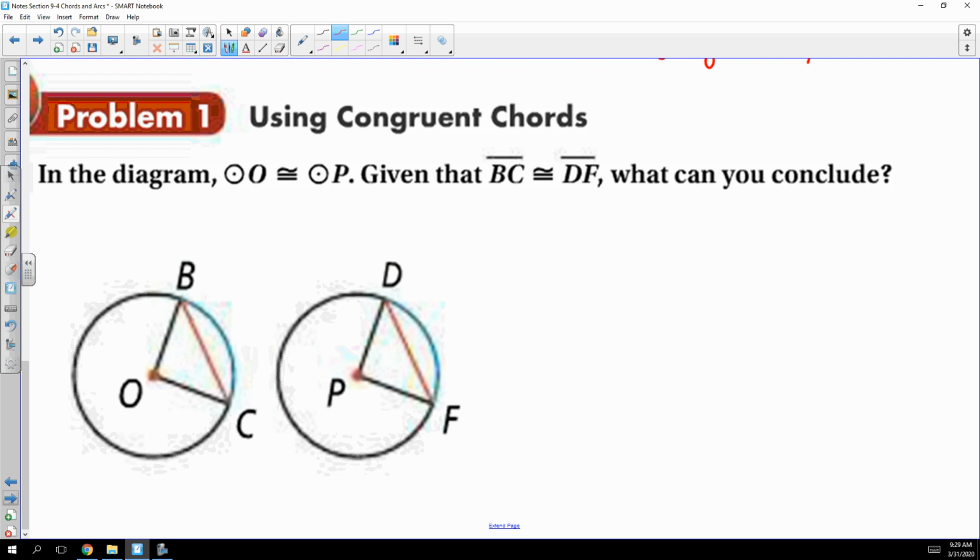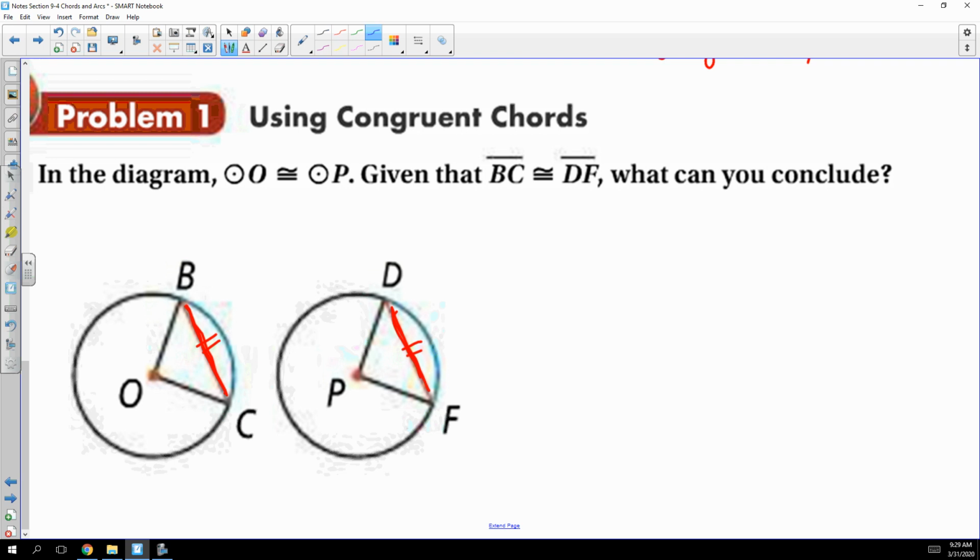So we have circle O congruent to circle P, and we are given that chord BC, because that's in circle O, is congruent to chord DF, and we want to know what we could possibly conclude. Well, there's a couple of things we could conclude based on the information up above. Two things.